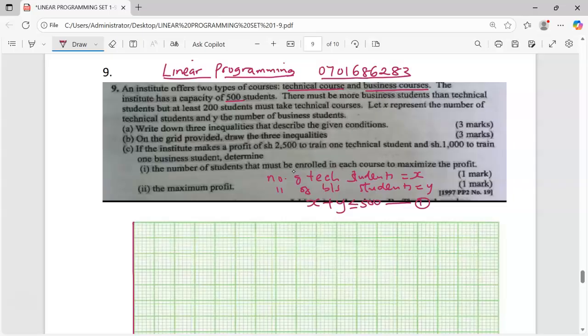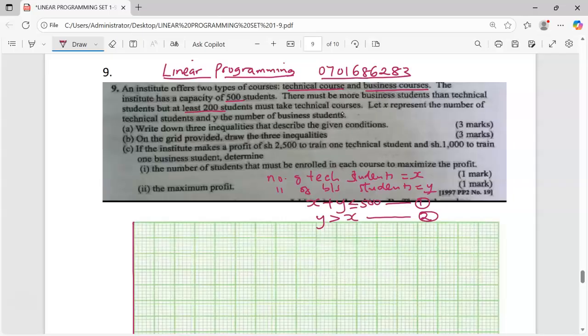Next, we are told there must be more business students than technical students. The business students are Y. That means Y should be greater than X, and this gives us the second inequality. We are further told that at least 200 students must take technical courses.